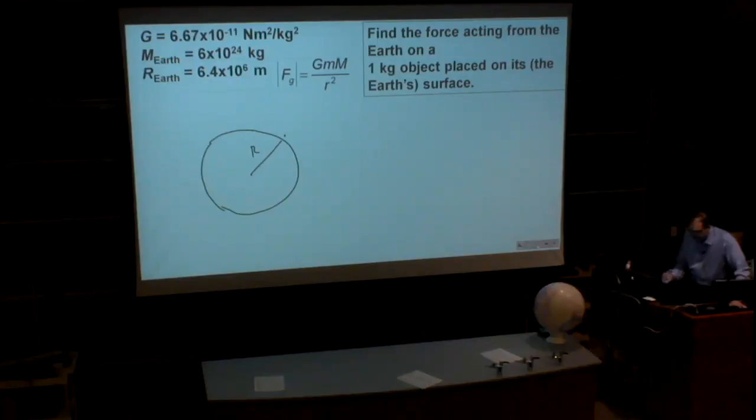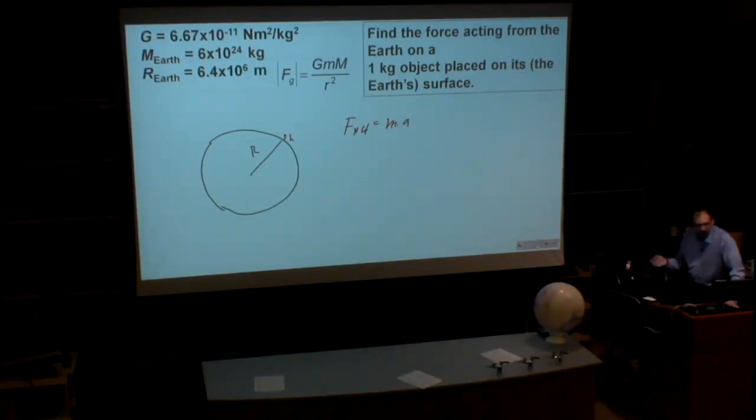Well, we would have to imagine that we have an object released from rest, for example, at a certain height from the surface. And we could apply Newton's second law first. Net force is supposed to be equal to mass times acceleration of that object.